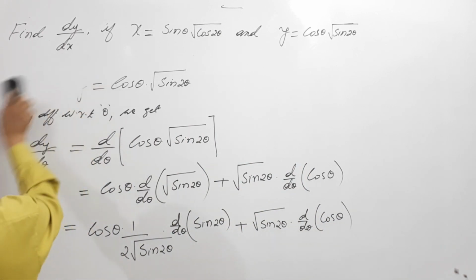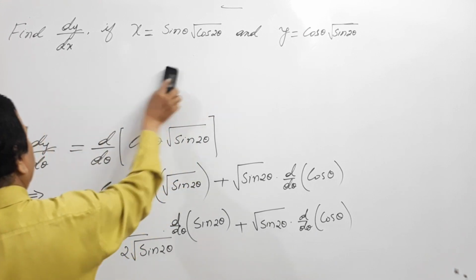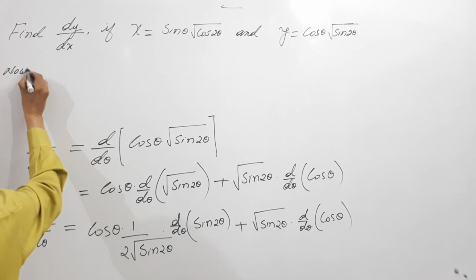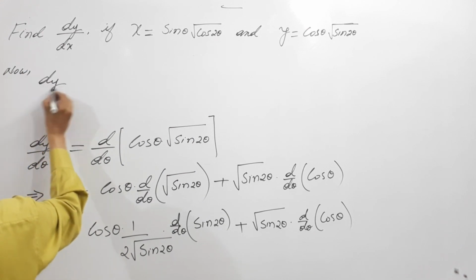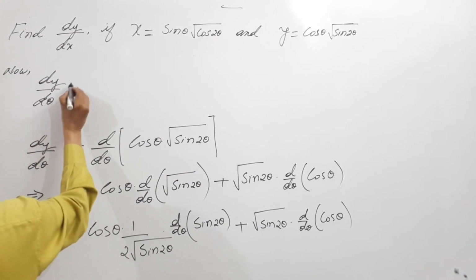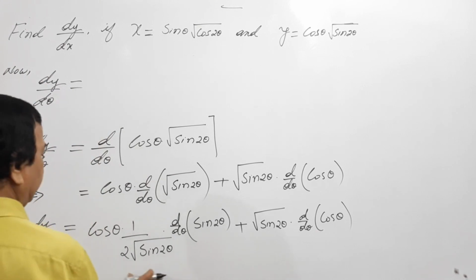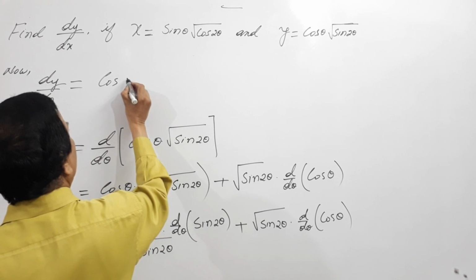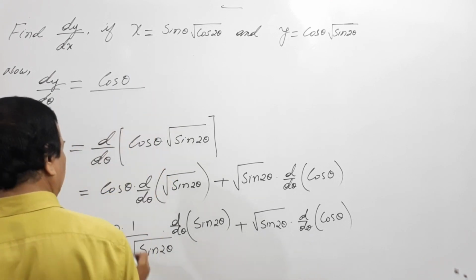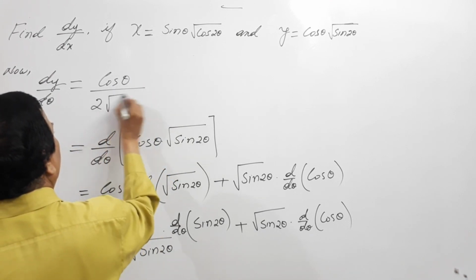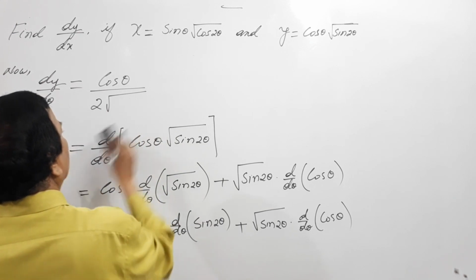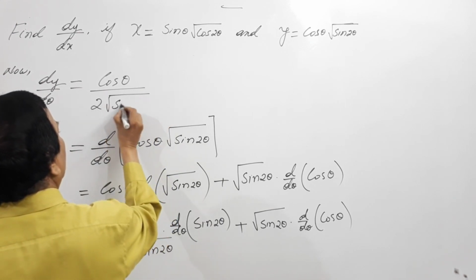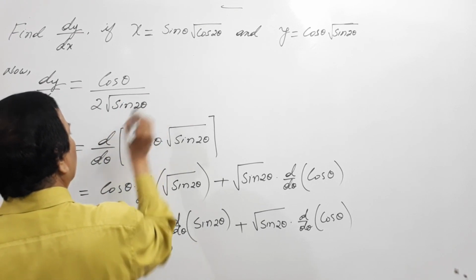Now dy by d theta equals, so I write this below this. So this is cos theta by 2 into under the root sin 2 theta.